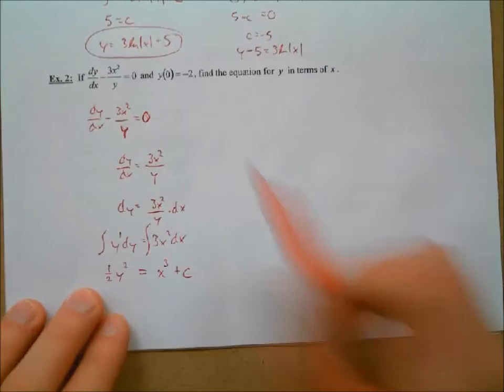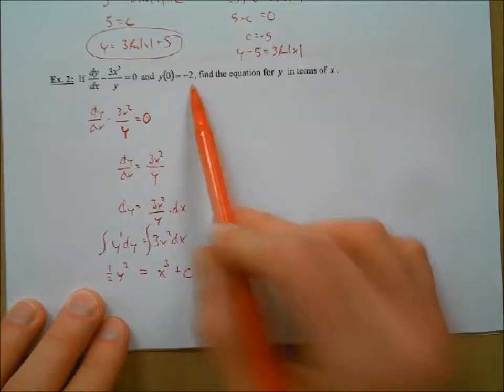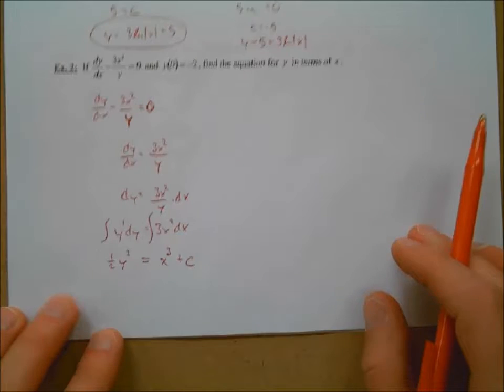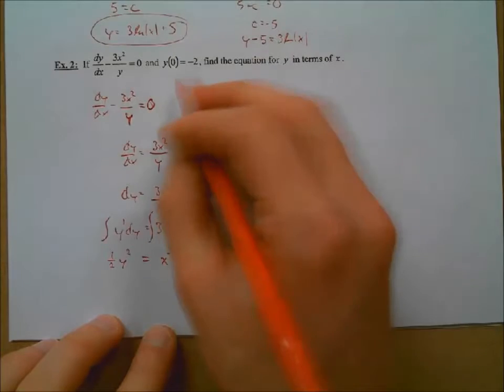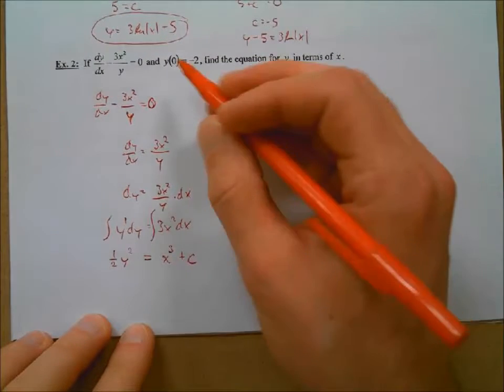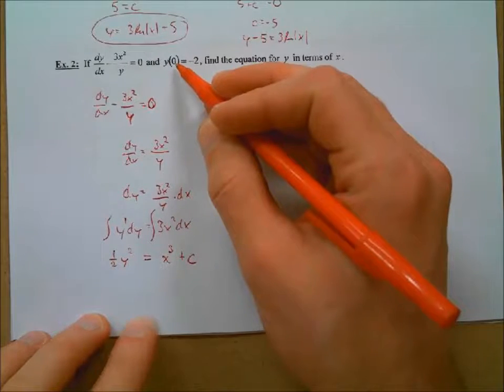Again, eventually we'll need to do both things. We need to both find the c value using this, and we need to solve for y in terms of x. So, solve for y first or solve for c first? C. Okay, very good. So we'll plug in our information here. This 0 right here is going to go in for what variable? The x. Very good. And then -2 will go in for y.